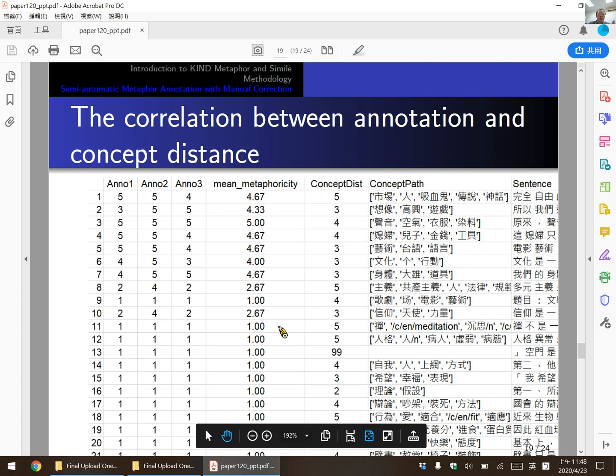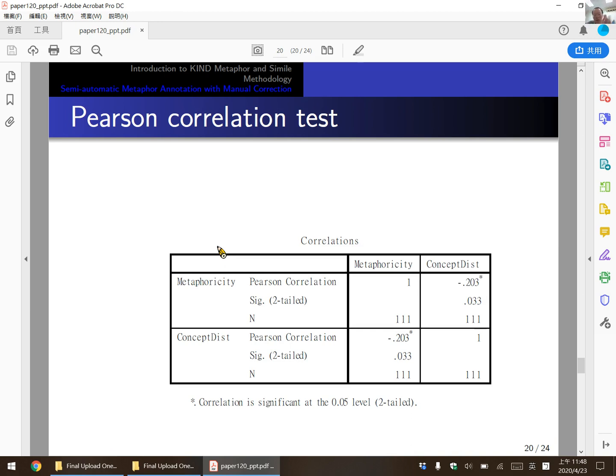We conducted a Pearson correlation test and found a significant correlation. It's a slightly negative correlation, minus 0.203, suggesting that the longer the distance, the lower the metaphoricity.